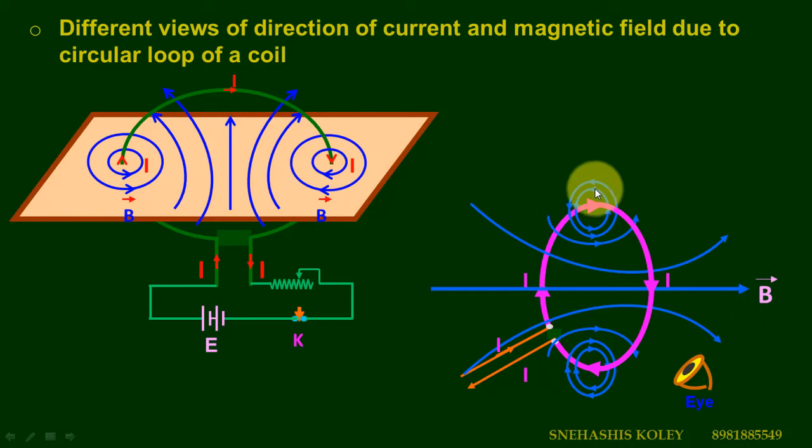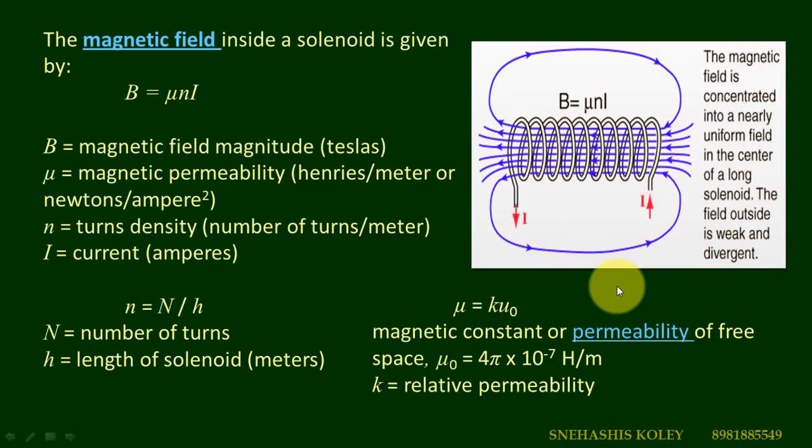So when a north pole is generated, then a south pole will also be generated. So from the previous slide, we have seen that the magnetic field strength of a solenoid depends on the amount of current, depends on the number of turns, and depends on the permeability, that is the material property.